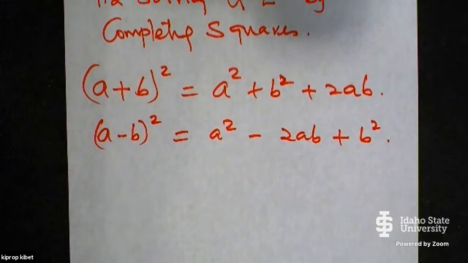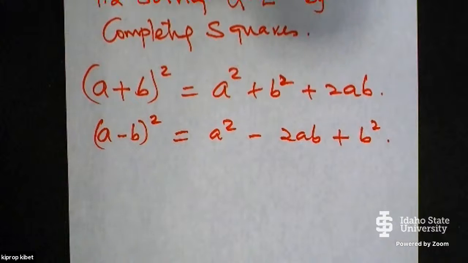So we were completing the squares to make a perfect trinomial, and then we write the results in binomial squared form.